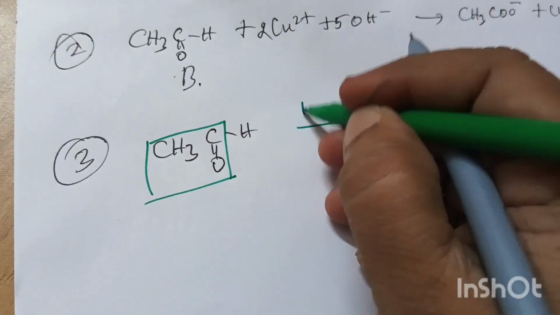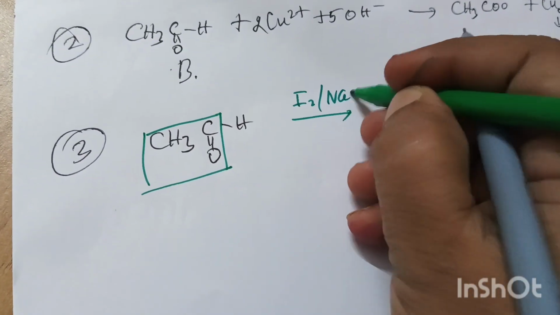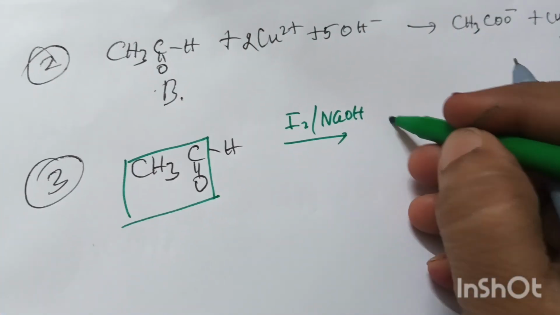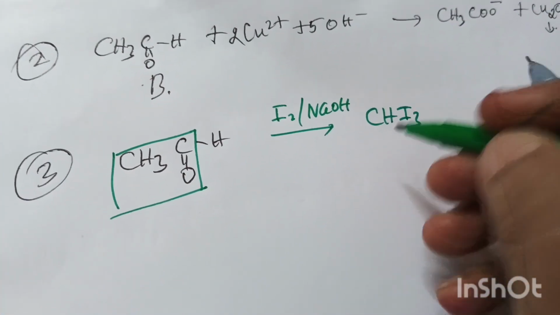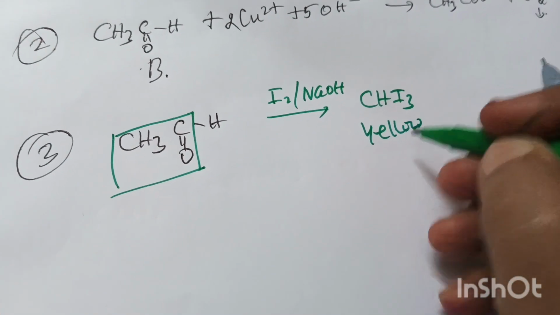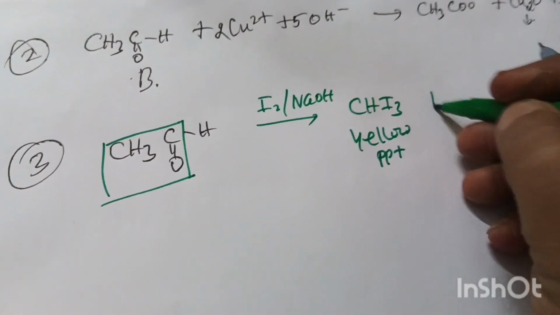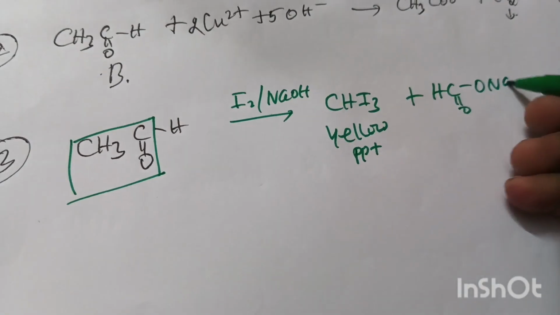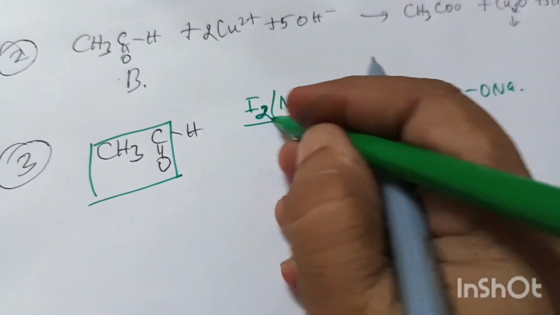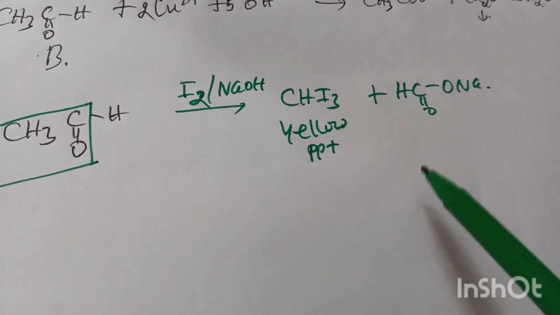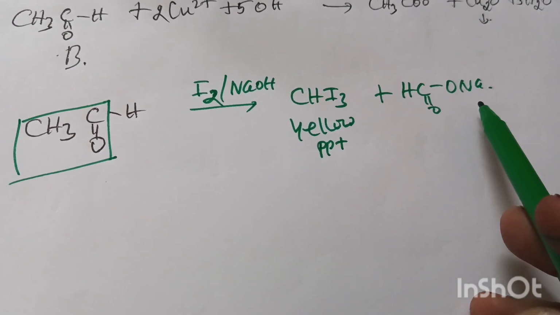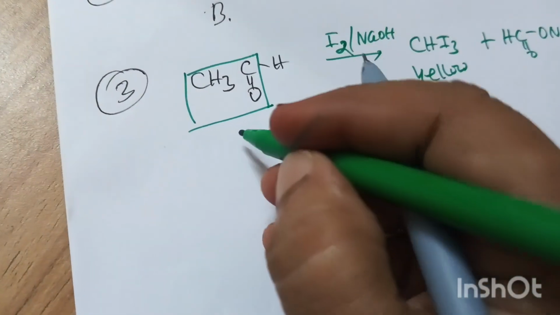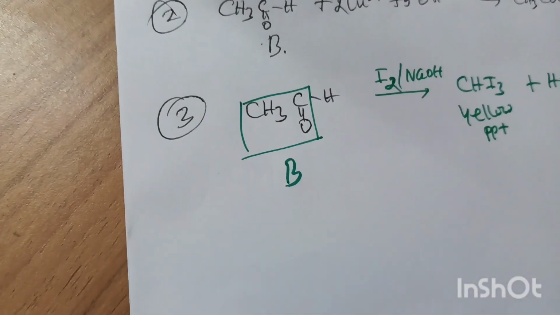With iodine and NaOH, the CH3 changes into CHI3, which is the yellow iodoform precipitate, plus the remaining HC double bond O ONa. Because of the basic medium, it gives sodium formate. This is the reaction with compound B.